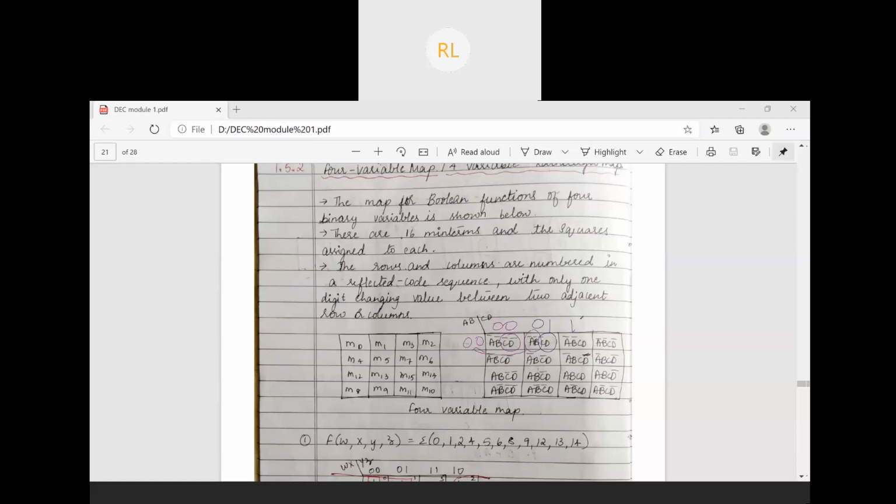Similarly, CD means what? 1, 1. Then what? 1, 0. Isn't it, students? You're following? Any doubts?